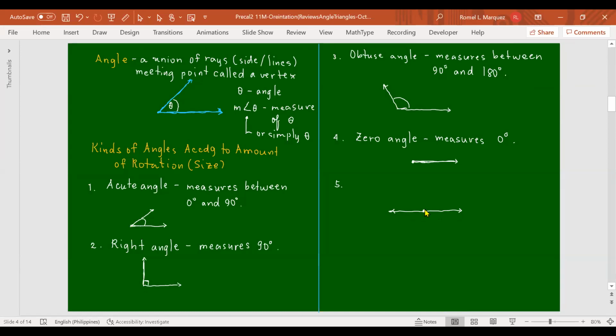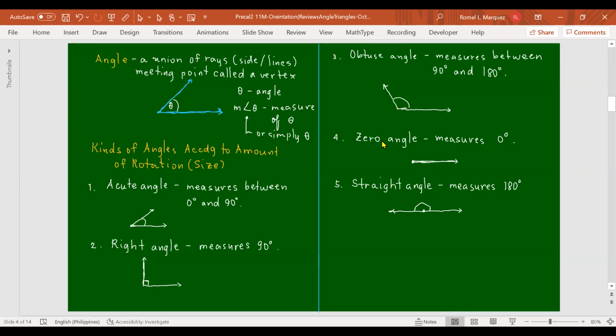Let's say I have a point here. So this is the measure. Straight angle po. Straight angle. But of course, to elementary students, they don't know this. They don't consider a straight line as an angle at their level, because they don't discuss things like this. So it measures 180 degrees.